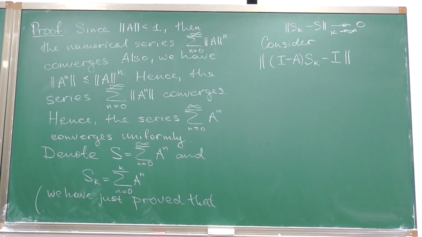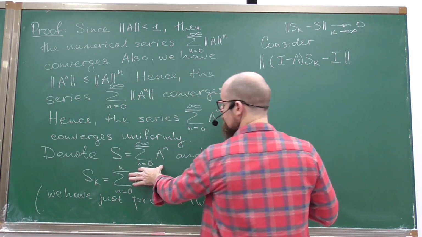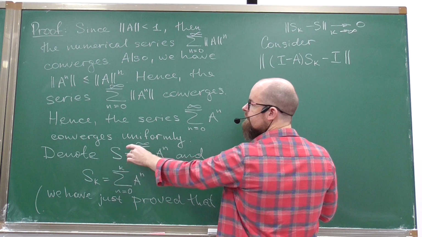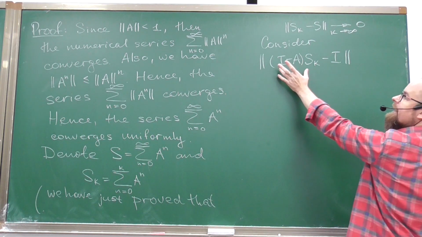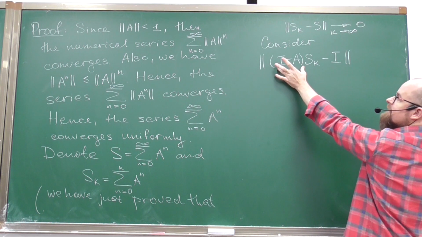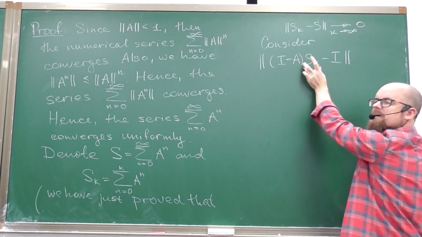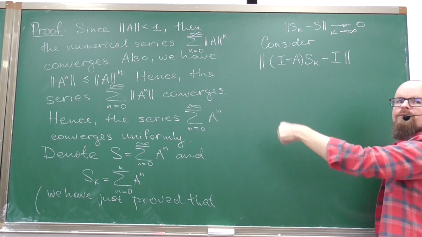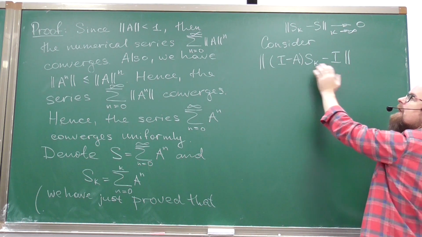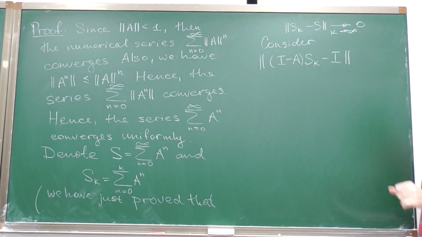Well, again, the idea behind it: what I want to do is show that this operator S is the inverse of identity minus A. So what I'm doing here, I multiply identity minus A by the partial sums of that inverse, or rather inverse to be proven. And I want to show that it is close to identity.